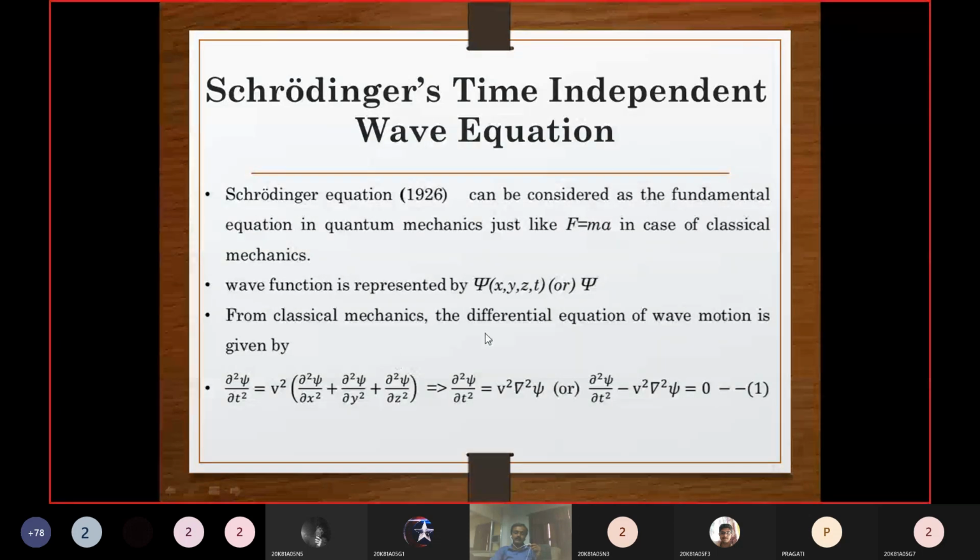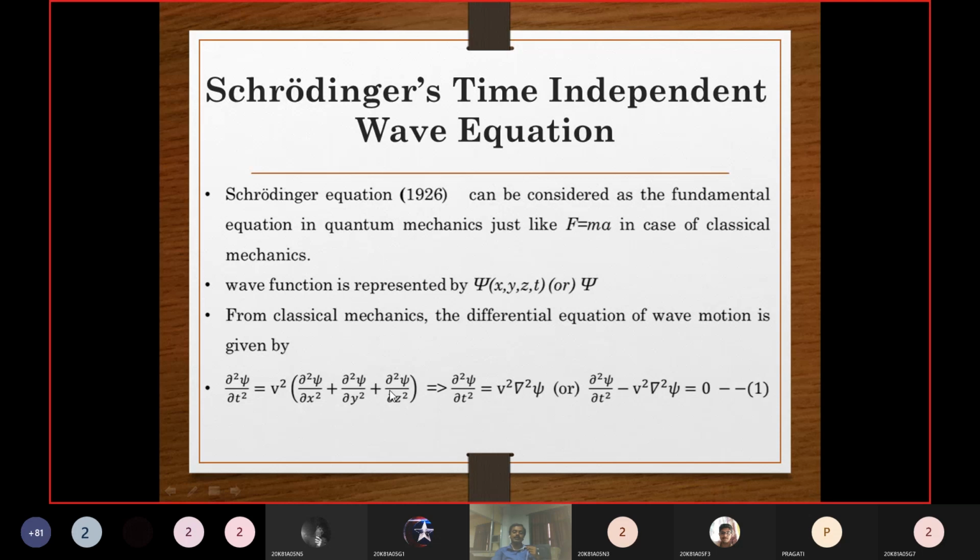So, from classical mechanics, the differential equation of wave motion. For explaining the motion of light, Maxwell proposed one wave equation. What is that wave equation? Dou square psi by dou t square is equal to v square into (dou square psi by dou x square plus dou square psi by dou y square plus dou square psi by dou z square).